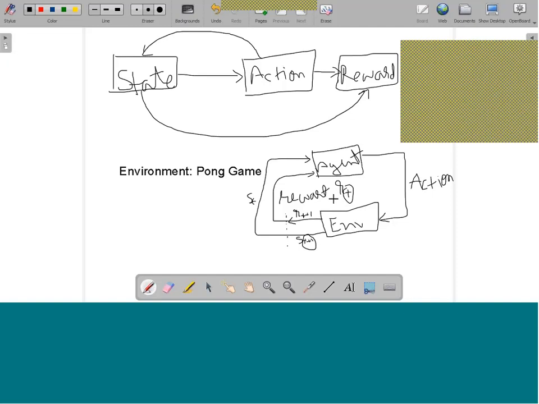Like after 10 minutes or at the end of the game, if both players have the same score, then we can say this is a draw game. And this is the other state that is given by the environment. So the environment will decide what the state is.